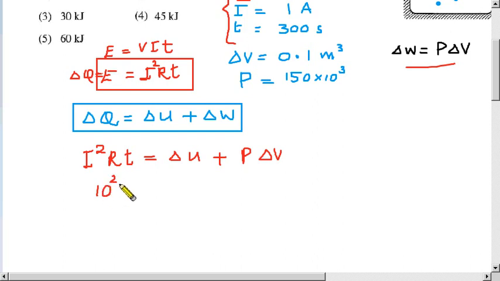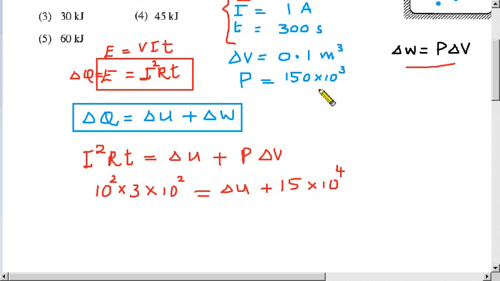T is 300, that is 3 times 10 power 2, equals internal energy change plus P, which is 150 times 10 power 3, that is 15 times 10 power 4.